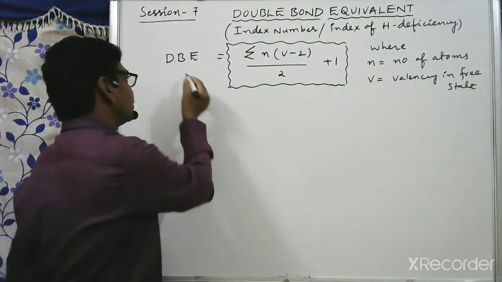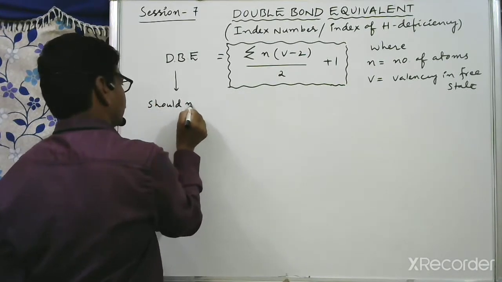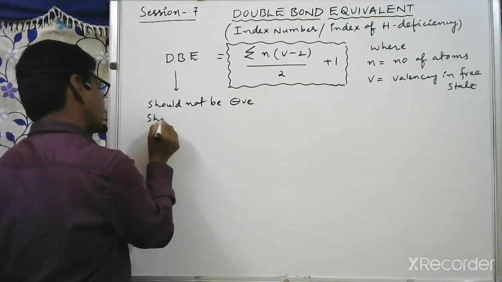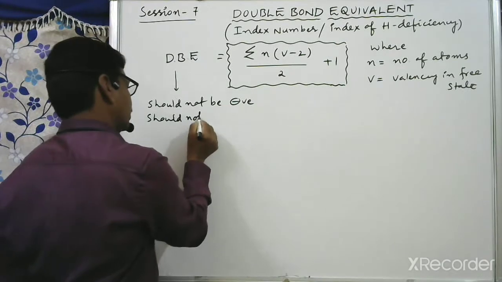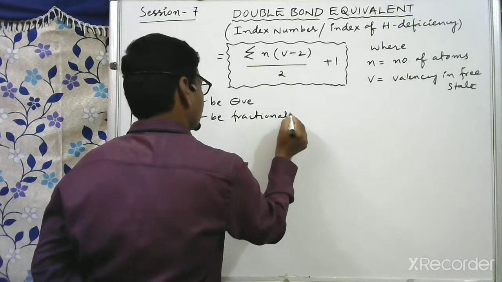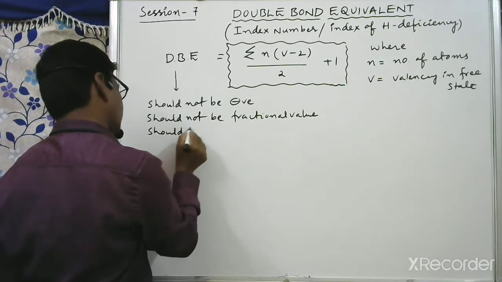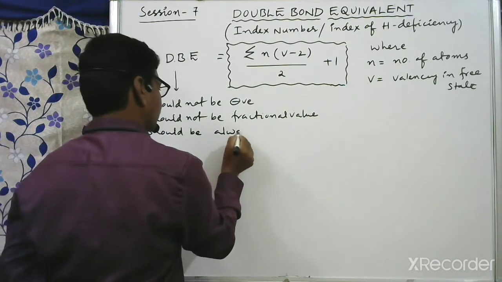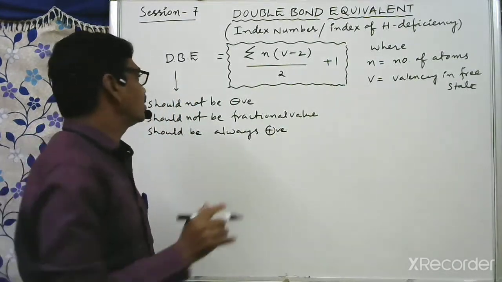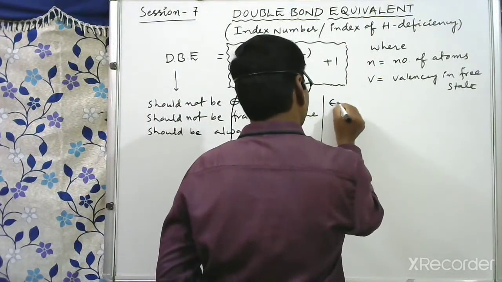This double bond equivalent value should not be negative and it should not be a fractional value. It should always be a positive value.